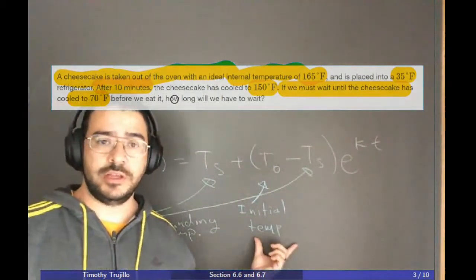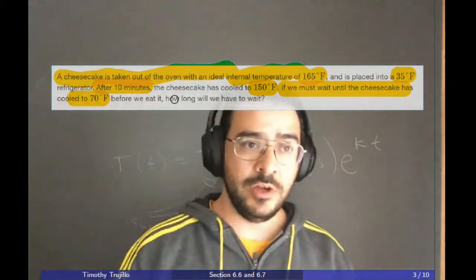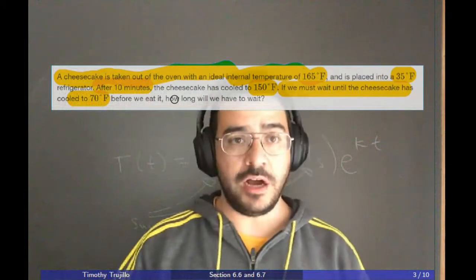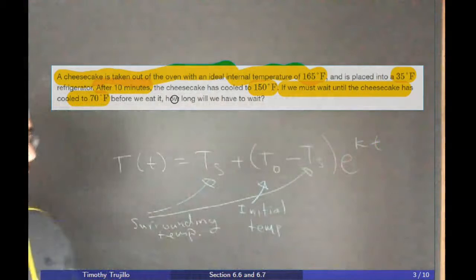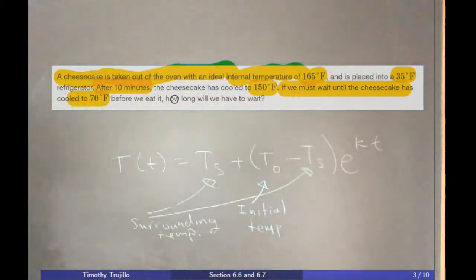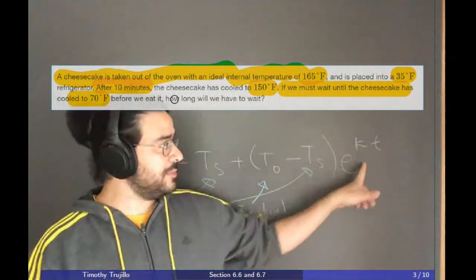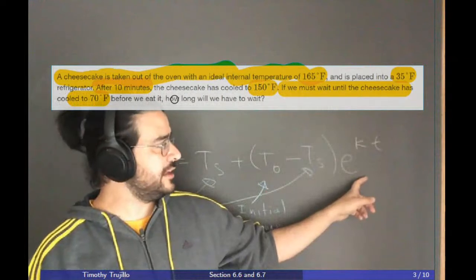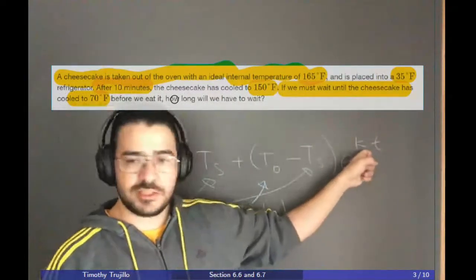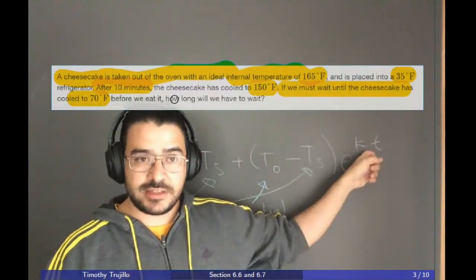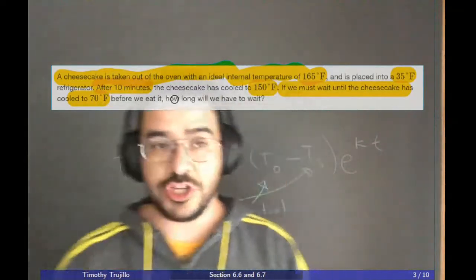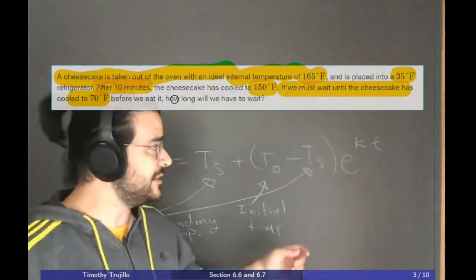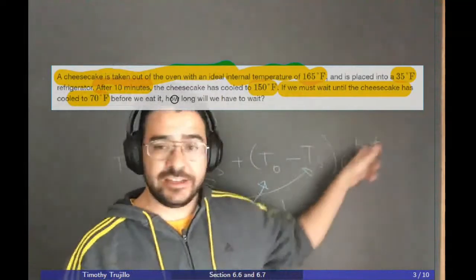So when you took that cheesecake out of the oven, or when you poured out that cup of coffee, what was the initial temperature at the start? And it decreases by an exponential factor, and the rate of decrease is determined by this value k. That value k just depends on whether it's a liquid, or cheesecake, or a turkey, or something like this. This will be negative because it's a decrease.